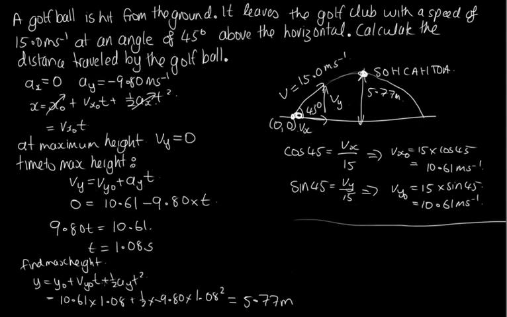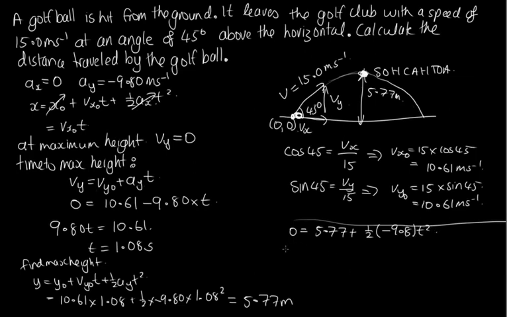So to do that, we'll need to use this second kinematic equation again. So we've got y ends up at 0. It starts at 5.77. Now, the initial velocity from this point is 0. It's at rest vertically there, because that was what's decided that it was at its maximum height. And then we've got a half, AY is minus 9.8 t squared.